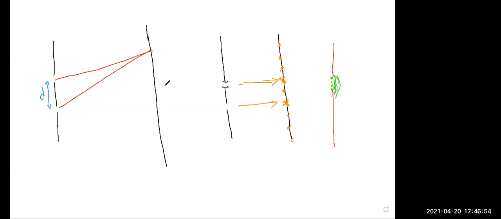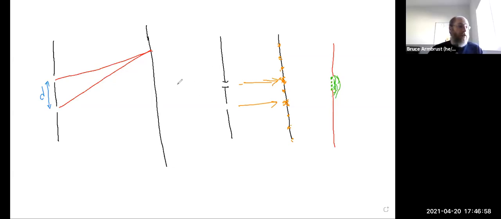So let's look at the math behind this and why you saw what you saw, in terms of the formulas and the things that you calculated in lab. So we're going to say that we've got a slit distance of d, and let's go with a distance to the screen of L. And we're going to be looking for where this thing is located.